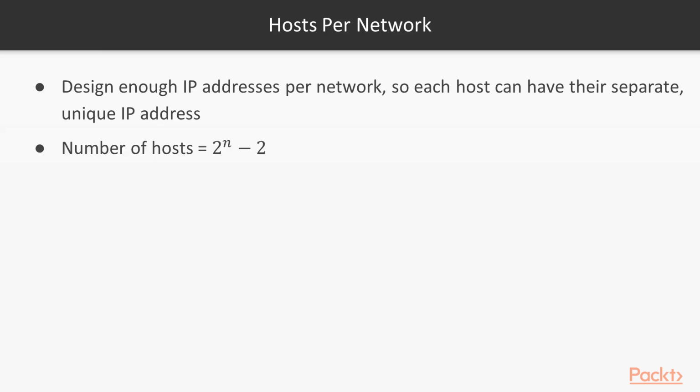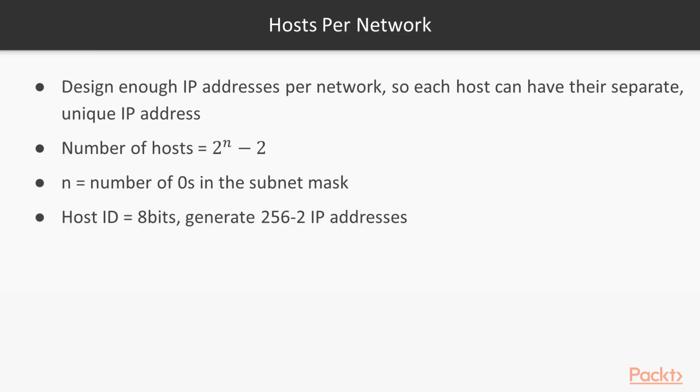It comes from this formula, 2 to the power of n minus 2, in which n is the number of zeros in the subnet mask, or in other words, n is the number of host ID bits. For example, if we have 8 bits inside our host ID part, we can generate 256 IP addresses minus 2.